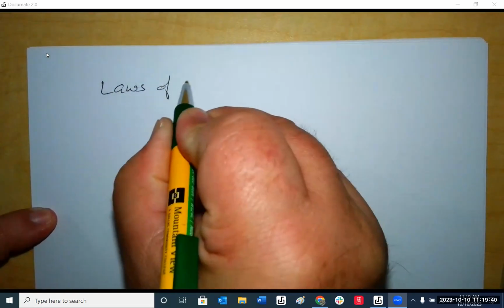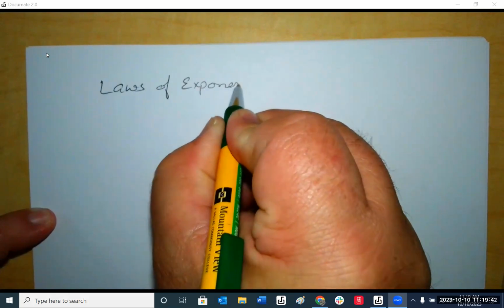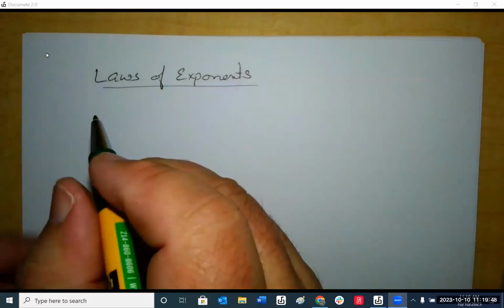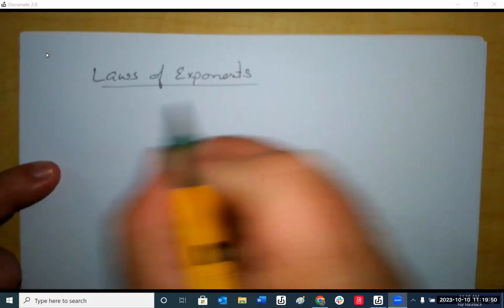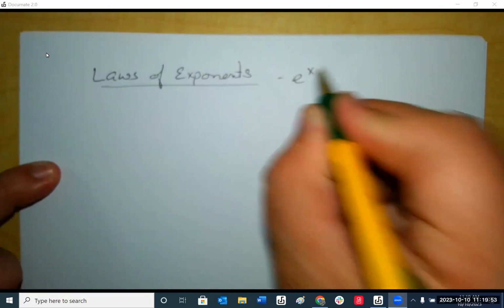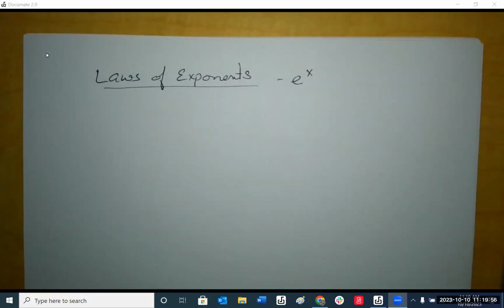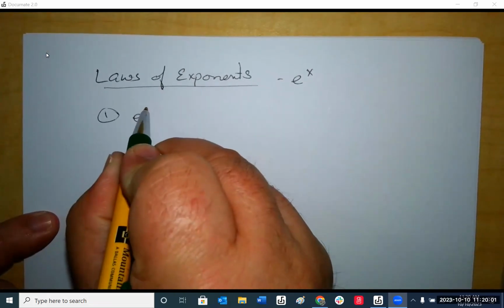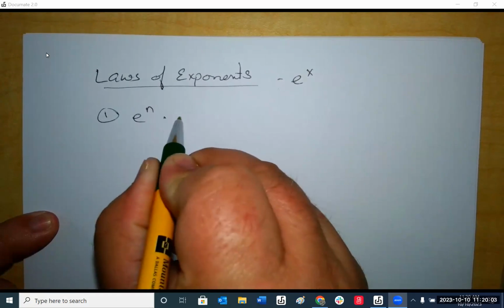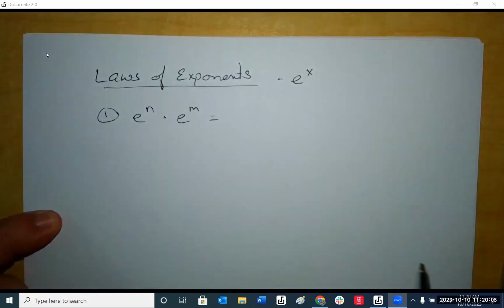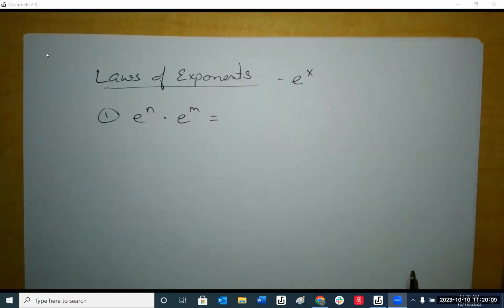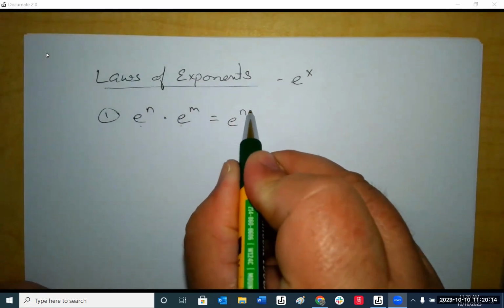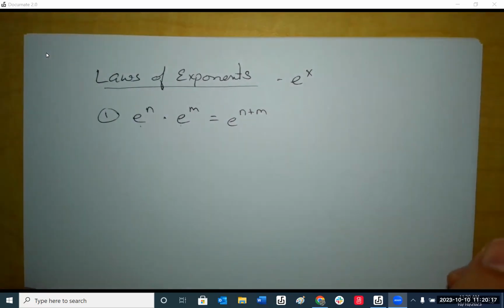The laws of exponents. E to the power x, or e to the power n even, doesn't matter. From algebra, when you're multiplying the same bases, you add the exponents.